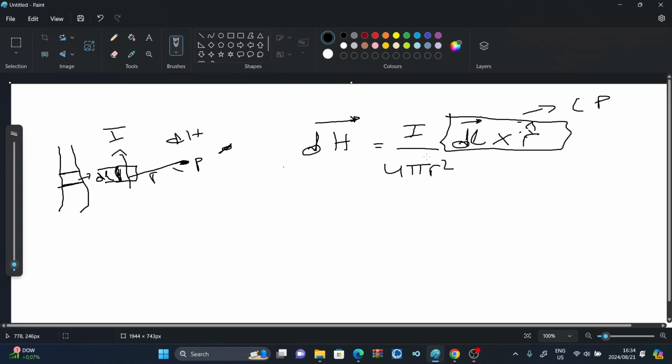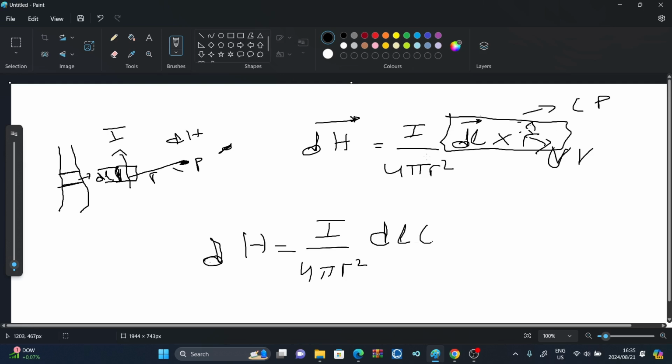So we need to find the magnitude of dH. The magnitude of dH of a vector is just dH, right? Then our I is just a constant, our 4 pi r squared is also a constant. Now the cross product between dl and our unit vector: the magnitude of dl is dl, the magnitude of a unit vector is 1, times the sine of the angle between them.